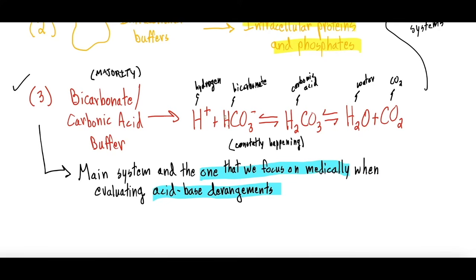Too few hydrogen ions, the equation shifts this way, because there's going to be too much bicarb. These are interacting. So if there's too few hydrogen ions, the equation will go towards the area that has too much, so it goes to the left.